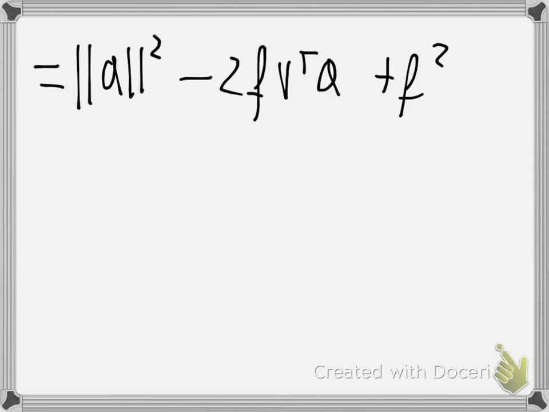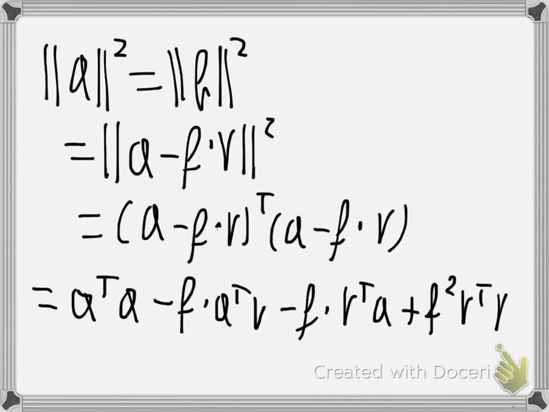So remember that the dot product of a unit vector with itself gives its magnitude squared, but the magnitude of a unit vector is 1. So V transpose V here will give 1, and so it's basically times 1. And the A transpose V and the V transpose A, remember that's the same thing.